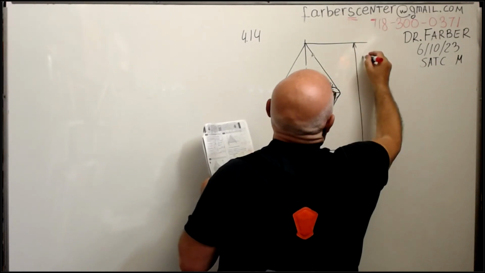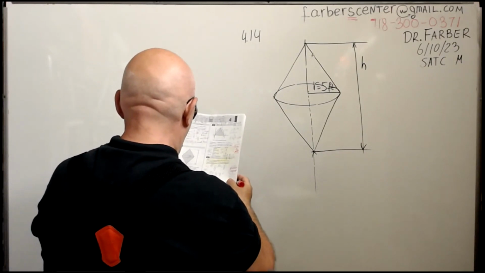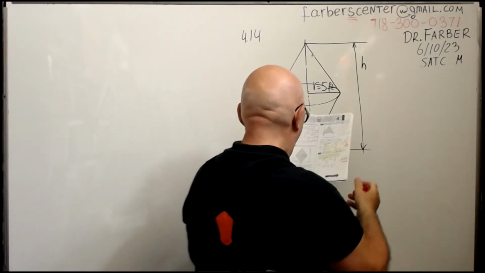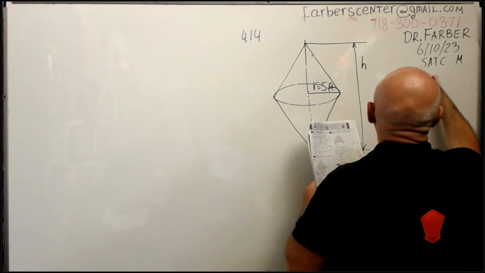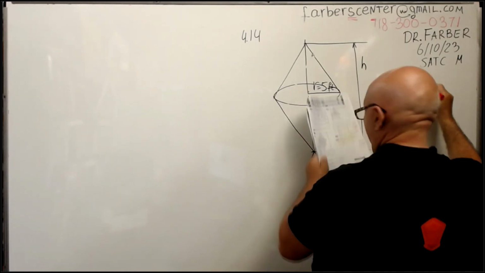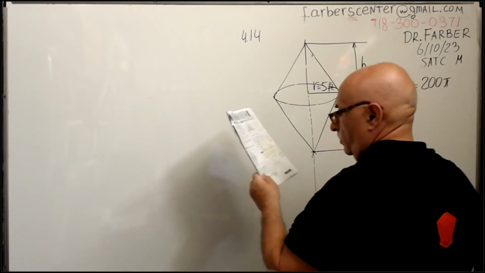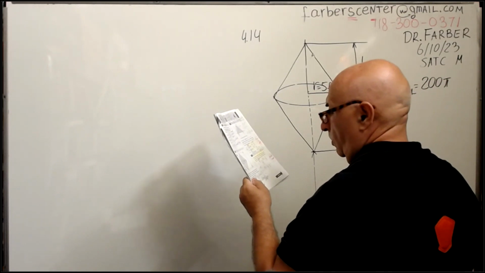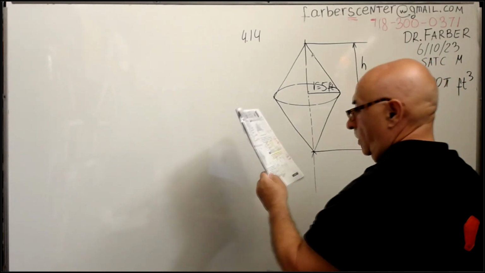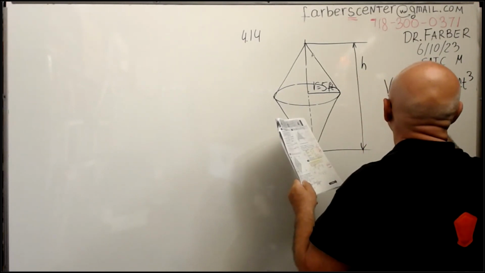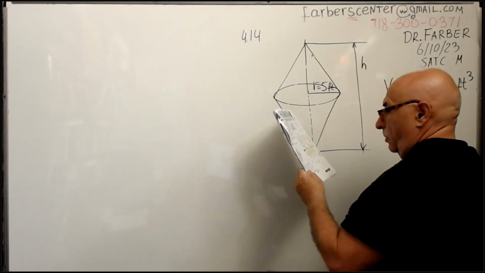And what we know, volume of the tank is 200 pi cubic feet. What is the height from the bottom to the top? This height you're supposed to find.